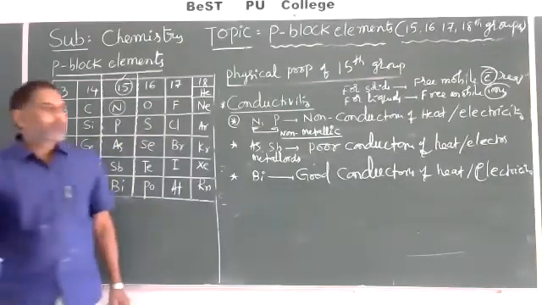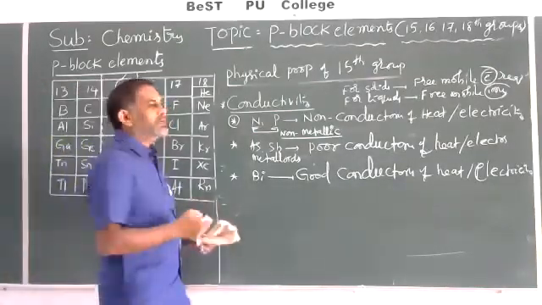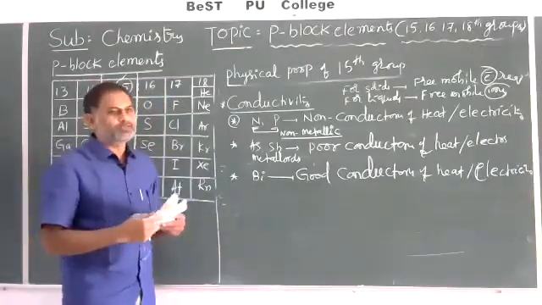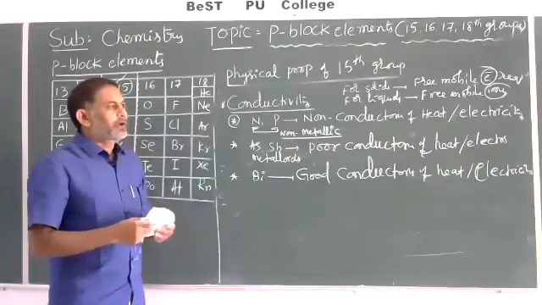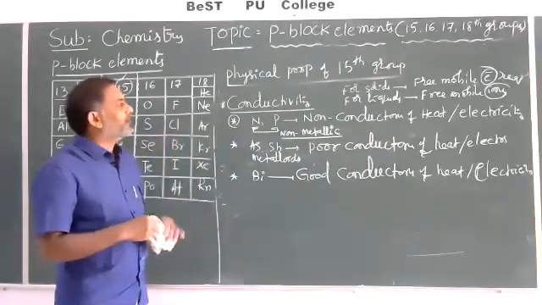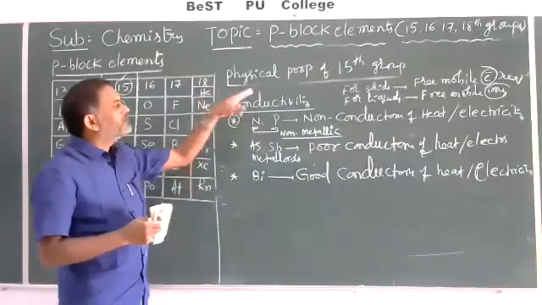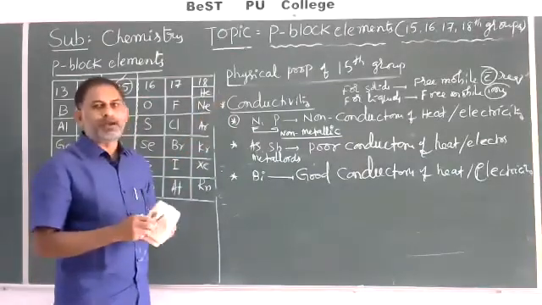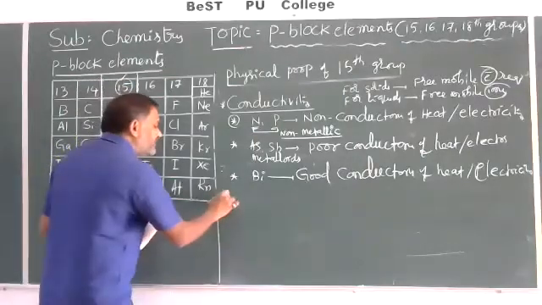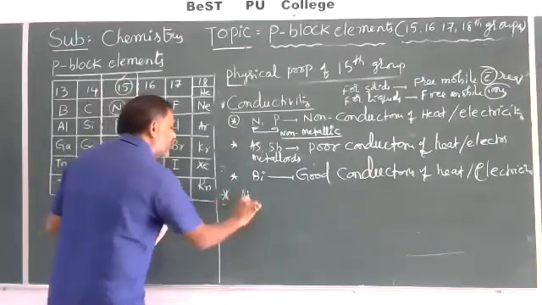Then one of the most important points is about allotropic forms of 15th group elements and the catenation property. These are the remaining two important points under general and physical properties of 15th group elements. Next important point is allotropy.